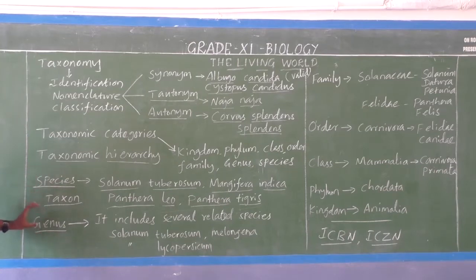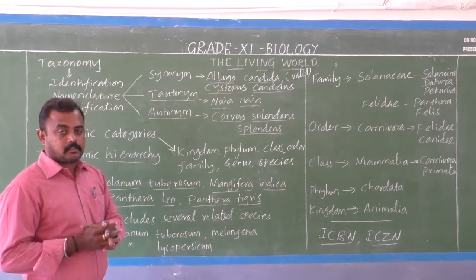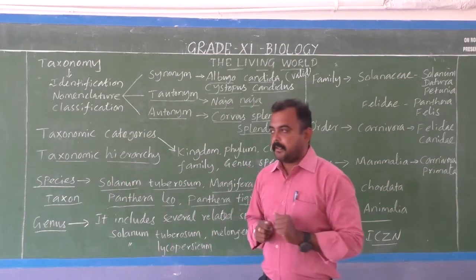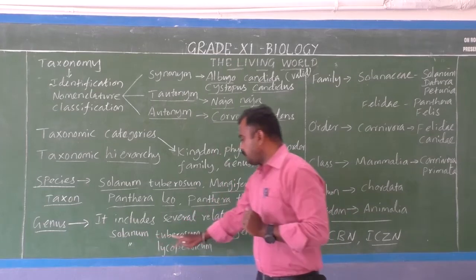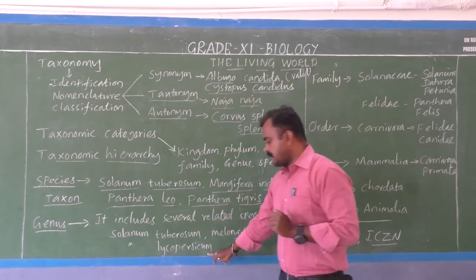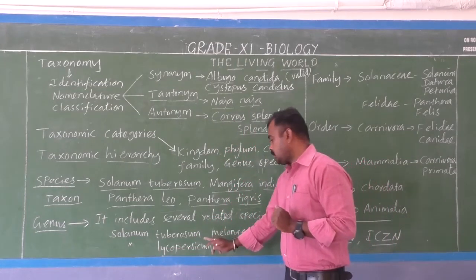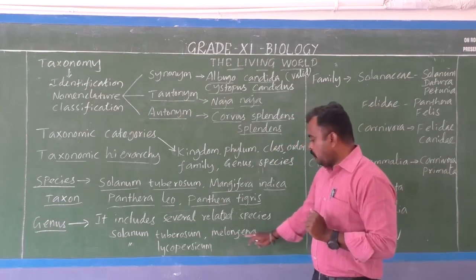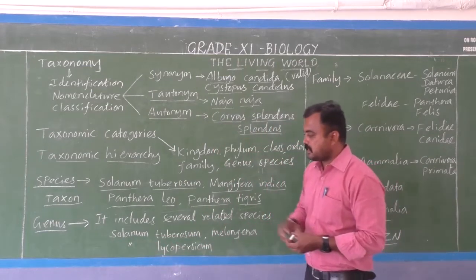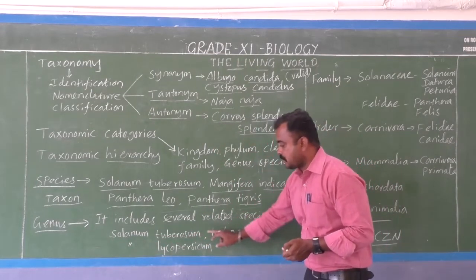Genus is higher than the species. It includes several related species. Example: Solanum tuberosum, Solanum lycopersicum, then Solanum melongena. Here Solanum is the same genus but different species.